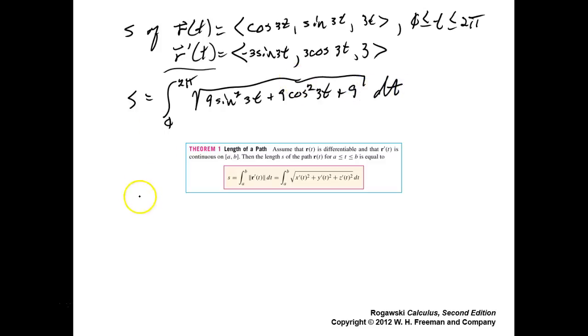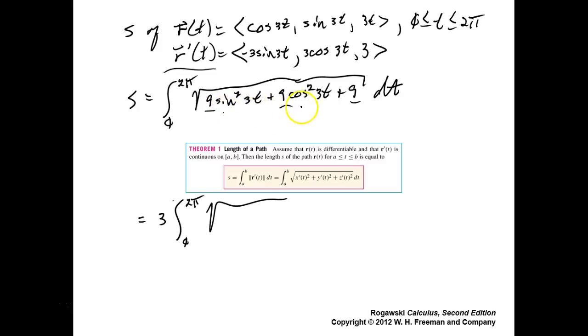What's one sort of hopefully obvious thing you might want to do with this? What's in the radical? Yeah, factor out a square root of 9, which would be a 3. Pull it all the way out, so that would be 3 times the integral between 0 and 2 pi of the square root of, now what do you have left here?